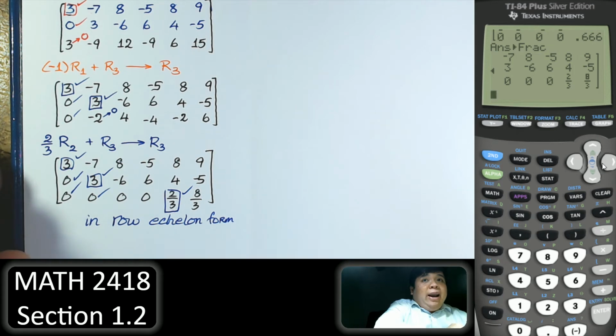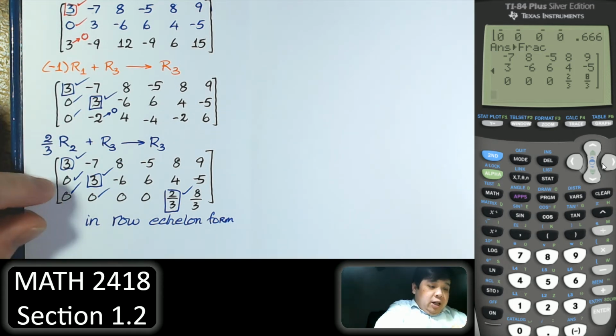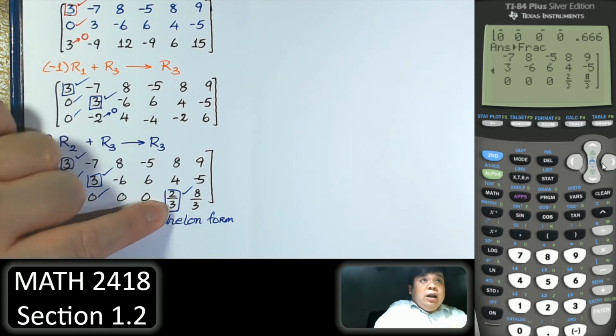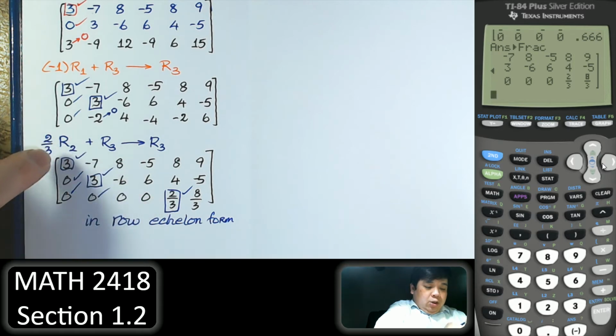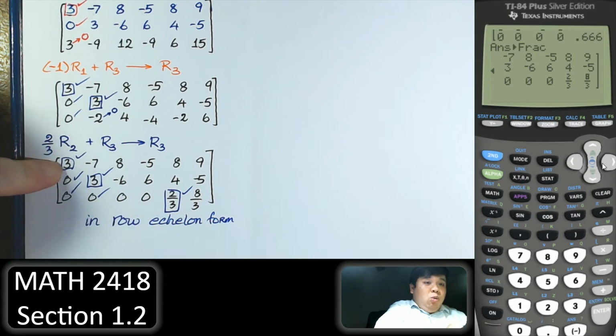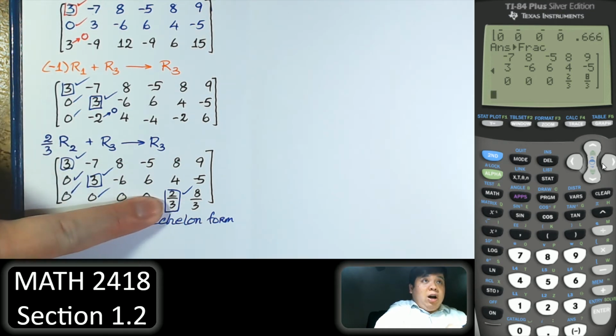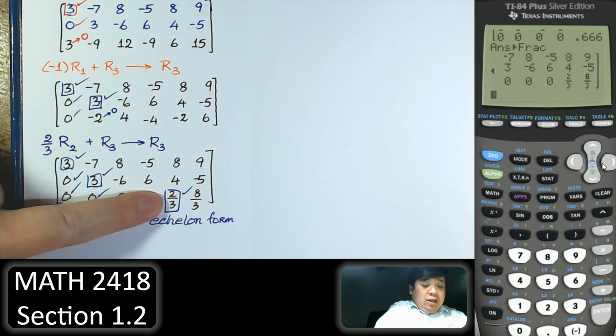Right, next, if we want to turn this into the reduced row echelon form, first the entry here is going to be 1, right? So I'm just going to multiply 1/3 to row 1, multiply 1/3 to row 2, and multiply 3/2 to row 3.